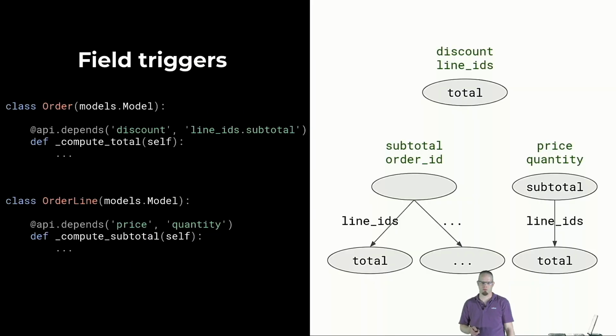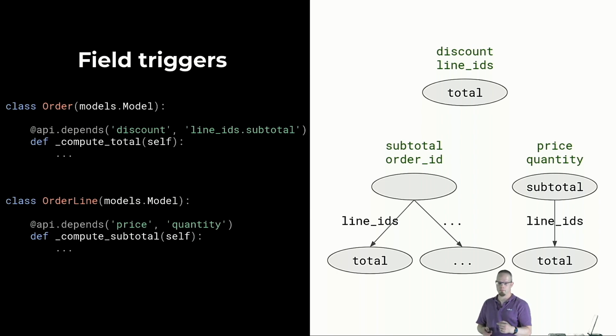I'll show you an example. The example is something like a sales order. I've suggested two classes, one with a sales order with a total, and the total will depend on a field on the sales order, which I call the discount, like if you've got a global discount on all your sales orders, and on the subtotal of every line in the sales order.